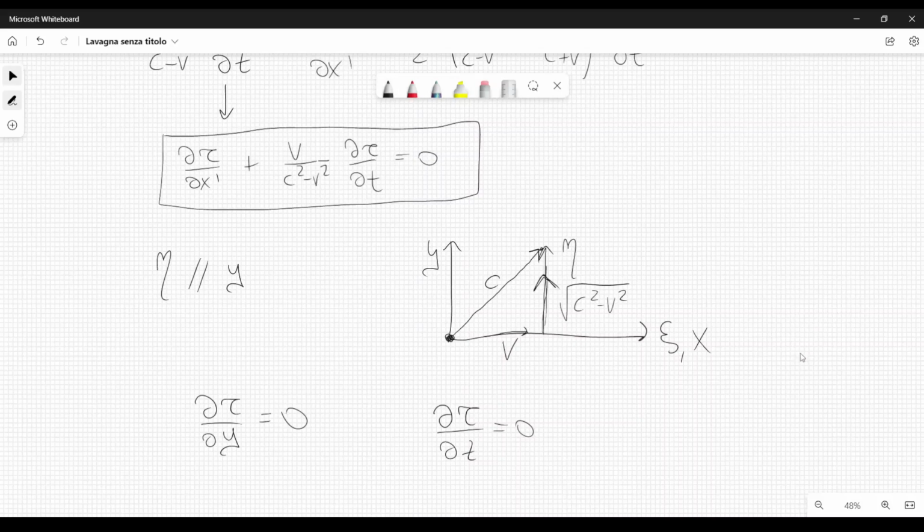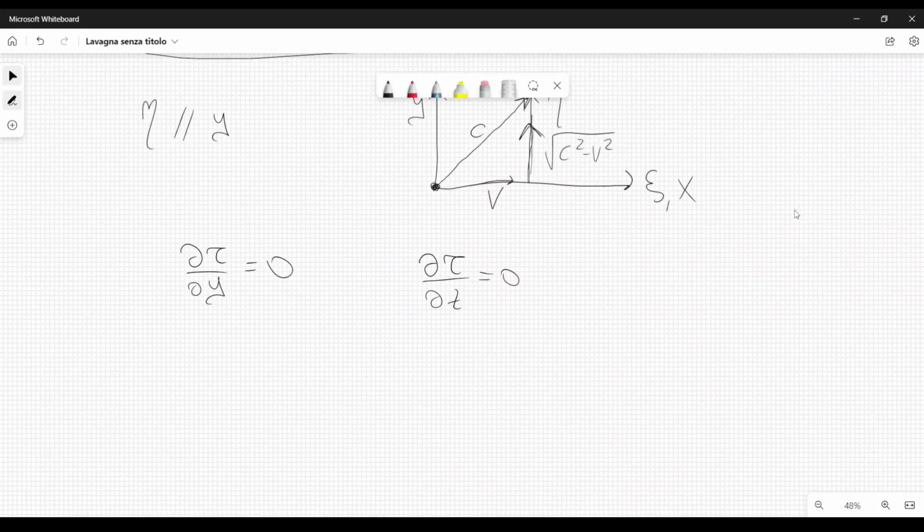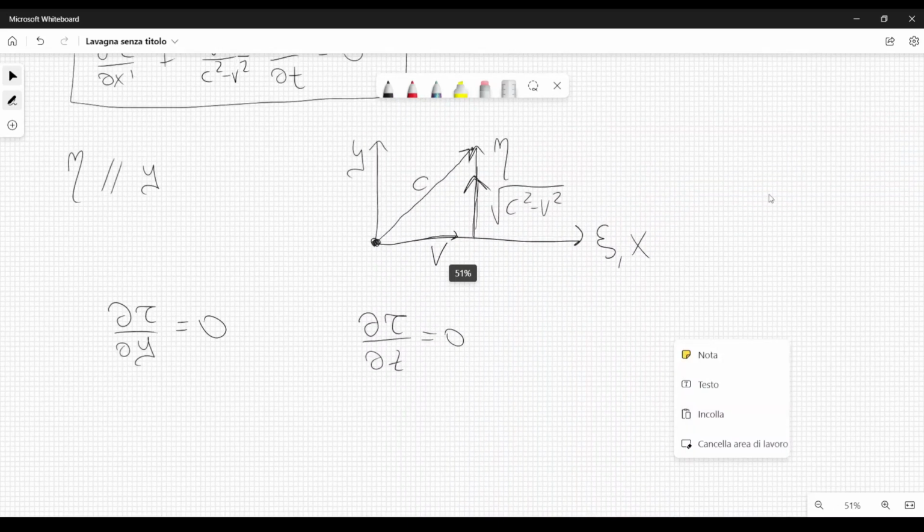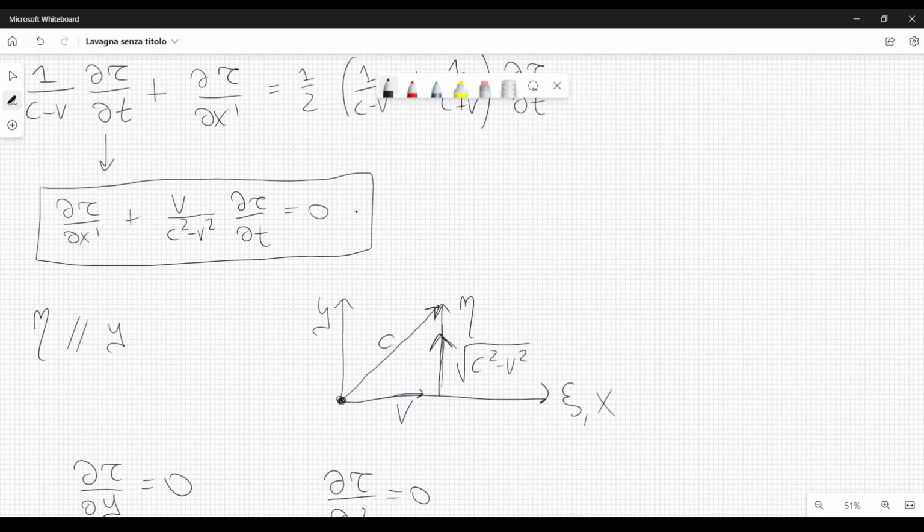It is to be highlighted that tau must be linear on account of the properties of homogeneity which we attribute to space and time. From this, and this equation that we found, we can write tau in this manner.